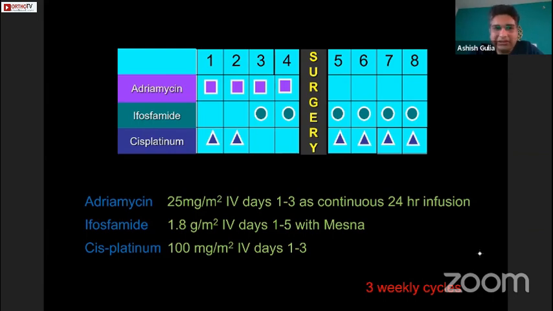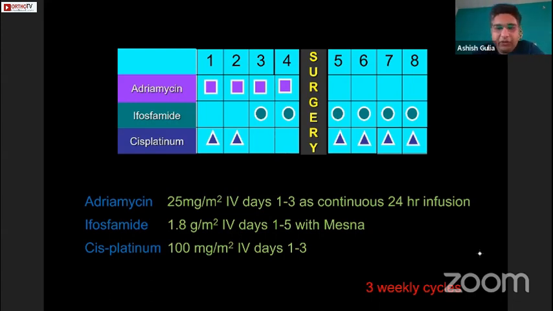If you can do all that, then the outcomes of methotrexate based regimes are slightly superior to the ifosfamide based triplet regime. The toxicity of ifosfamide is also slightly more. It causes permanent sterilization in male patients, and hence it is not very popular in the younger age group.